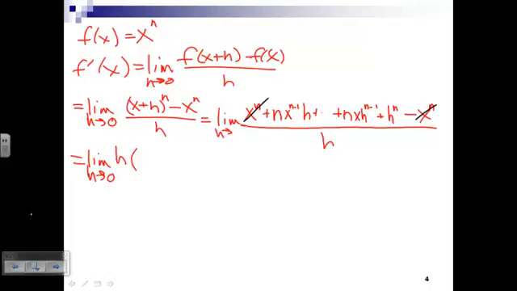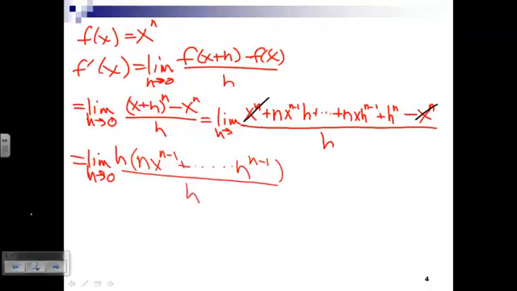And when you factor the h out of the very first term, I miswrote that. I get n times x to the n minus 1 plus, and there's a lot of terms, and it ends with h to the n minus 1, and that's all over h.